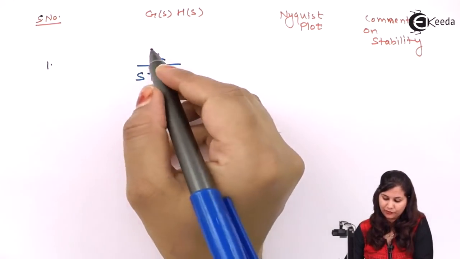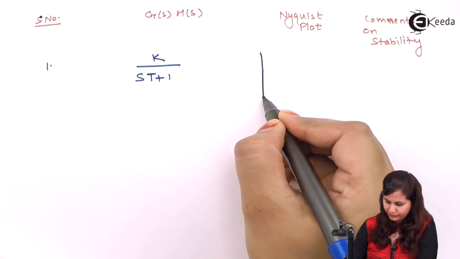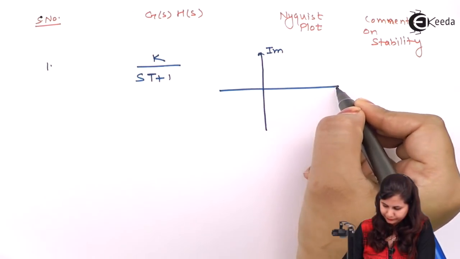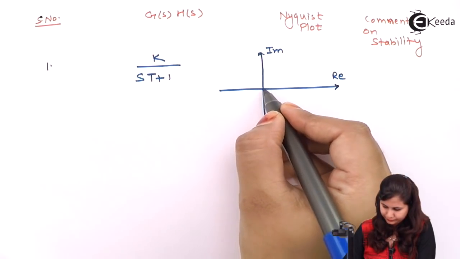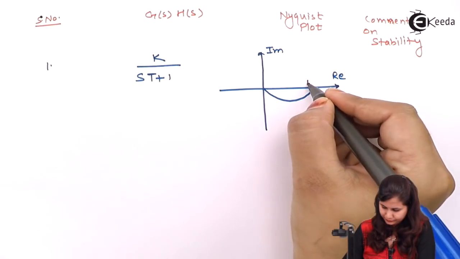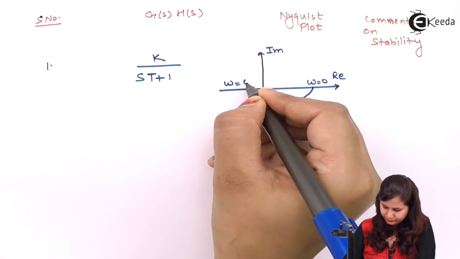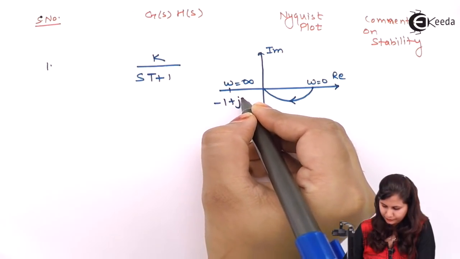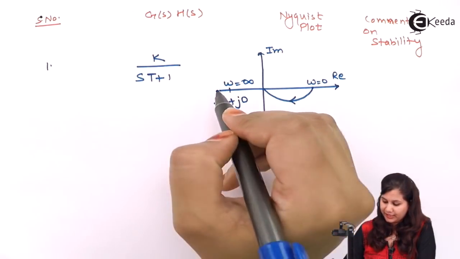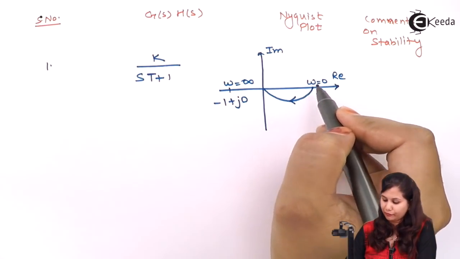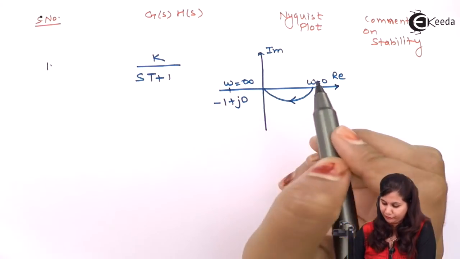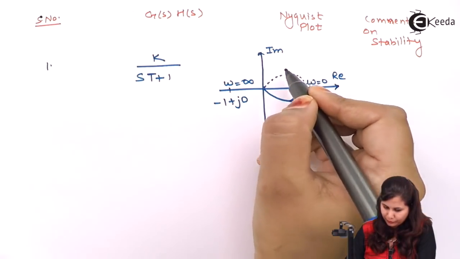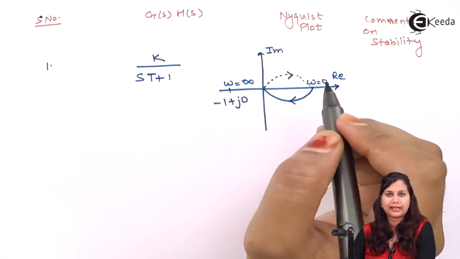If this type of transfer function is seen, then its Nyquist plot will be like this. This is the imaginary axis, real axis. The polar plot starts from omega equals 0 to omega equals infinity. The Nyquist plot is obtained by drawing the mirror image of this polar plot. So this is the complete Nyquist plot.